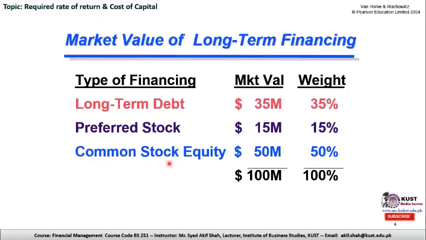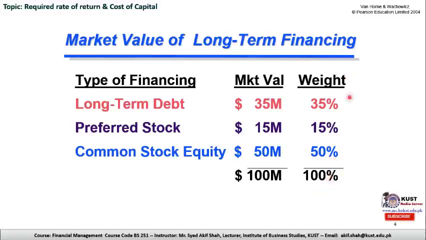So now we have seen that the company has used a 35% long-term debt source, and similarly a 15% preferred stock source to generate funds. Finally, the major reliance is on common stock equity, which is 50%; the company has utilized common stock to generate finances for prospective investment opportunities.